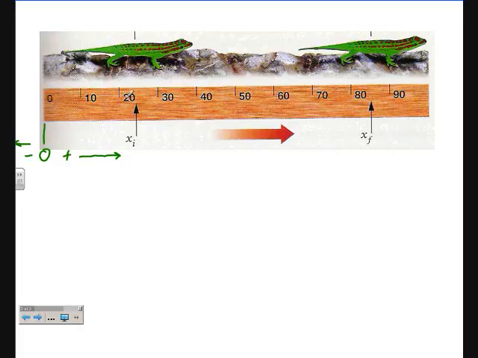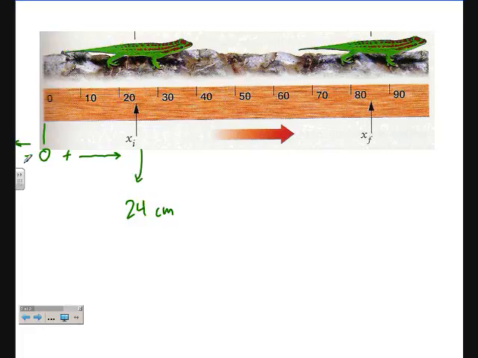So this gecko starts, his initial position is 24 centimeters, except if you look at the reference point and we say that that gecko is 24 centimeters away from the reference point, there's two options. He could be on the positive side of the reference point, or he could be on the negative side of the reference point. His distance from the reference point is 24 centimeters.